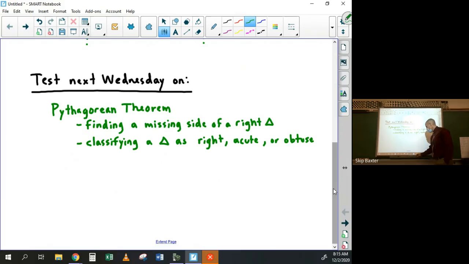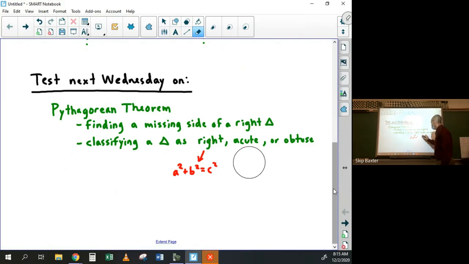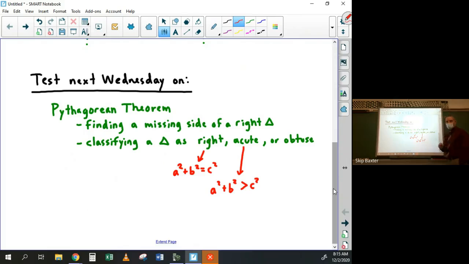So remember, if it's a right triangle, obviously the Pythagorean theorem works: a squared plus b squared equals c squared. It's an acute triangle if the Pythagorean theorem doesn't work, but the inequality a squared plus b squared is greater than c squared works, right? And it's an obtuse triangle if a squared plus b squared is less than c squared.